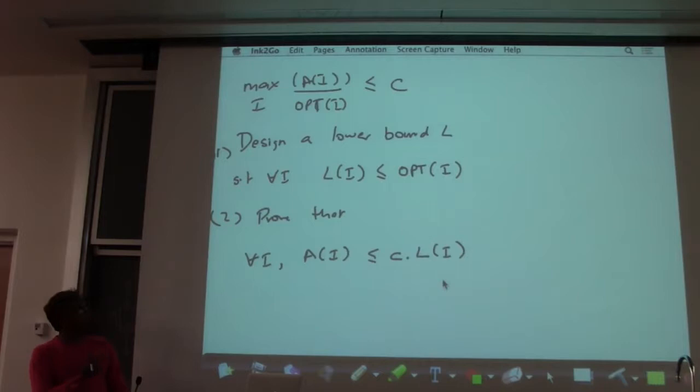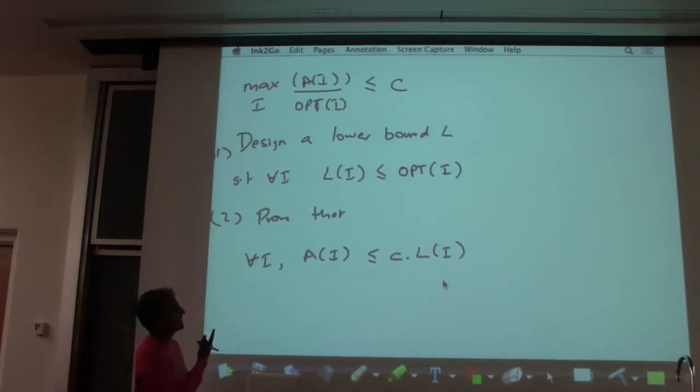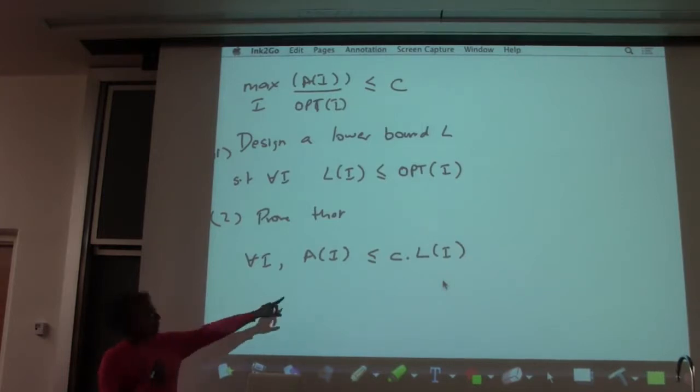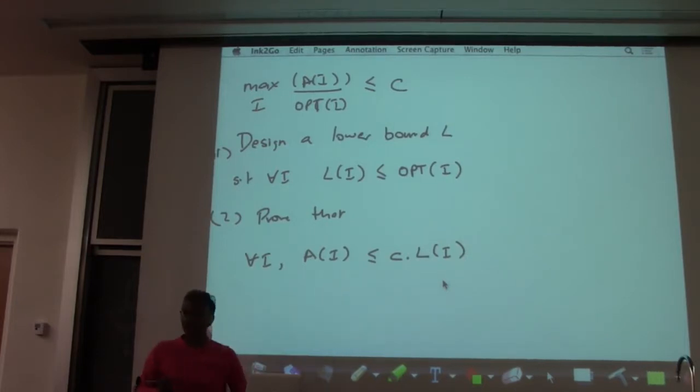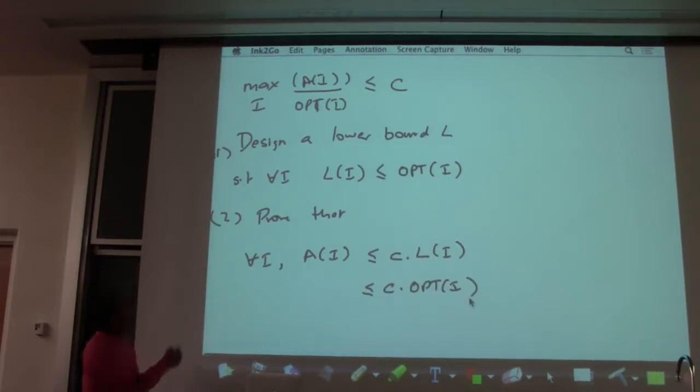So why will these two statements together prove what you want? Well, we just said the lower bound is less than the optimal solution. So that's why we call it lower bound. We prove the algorithm is no more than C times, think of C as a big number, like 10, right? It's no more than C times the lower bound. But the lower bound was less than optimal. So the algorithm is no more than C times the optimal. And we're done. Which is what we want to prove in the first place.